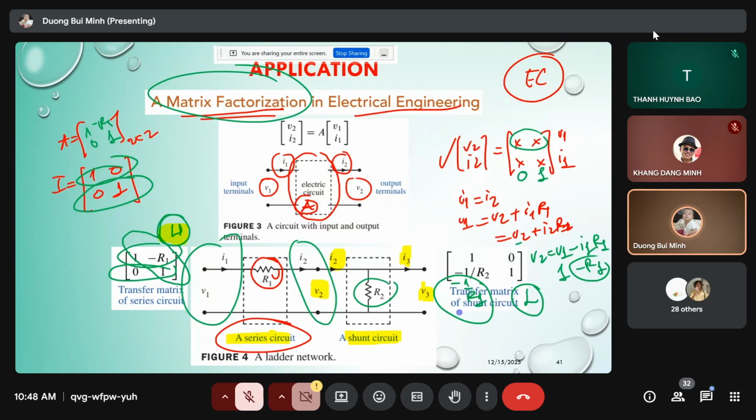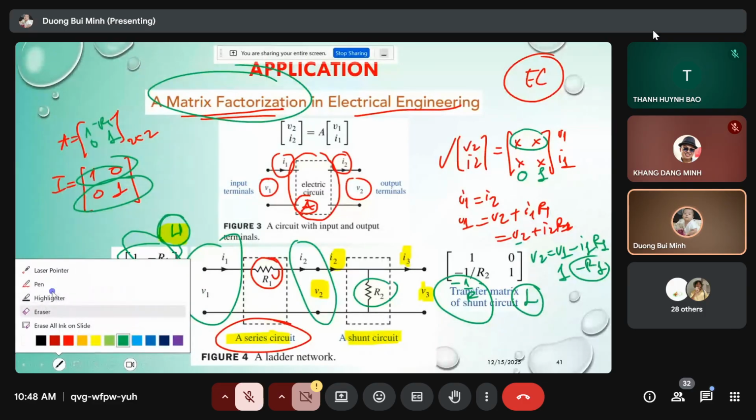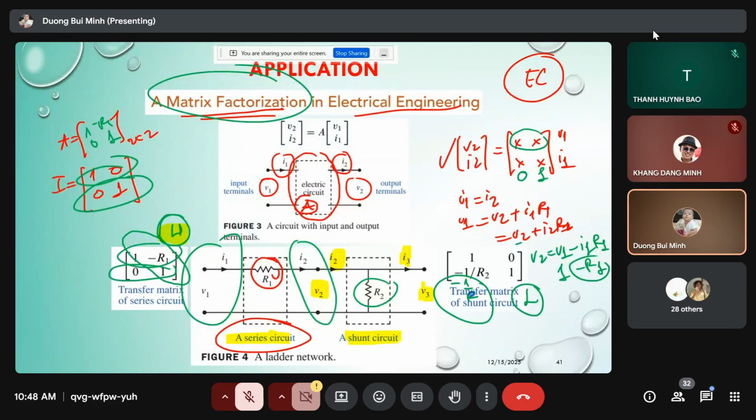You get minus 1 over R2. So now we have L, and now we have U. I would like to find the relationship between V1, I1, and V3, I3.